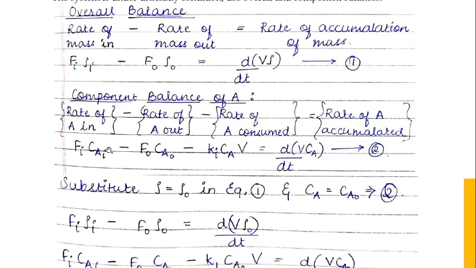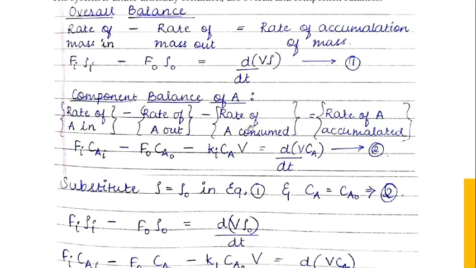So when you combine these two terms, what you get is mass of A coming in per unit time. Volume per time, mass per volume. So that volume gets cancelled, mass of A per time. Exactly similar, use the logic for rate of A out. So F here is the volumetric flow rate, CA naught is the concentration of A going out.